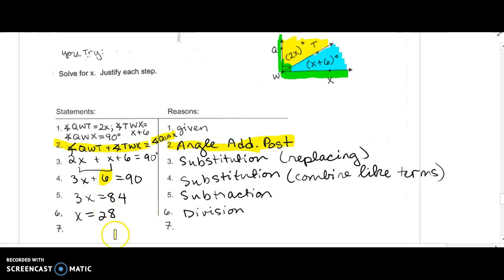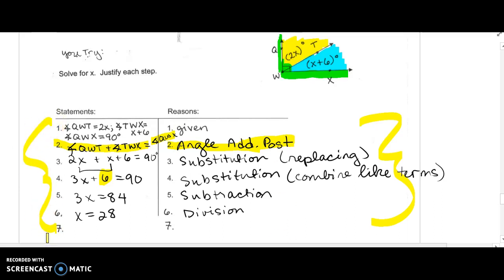And then do a line 6 that's substitution, and then do a line 7 that's division, and then do a line 8 that's substitution. That's fine too. Again, our proofs don't have to be identical. I just need you to somehow address every single thing that was done in the problem and why it was done. So these are why it was done and how we can support that, and then this is what was done.